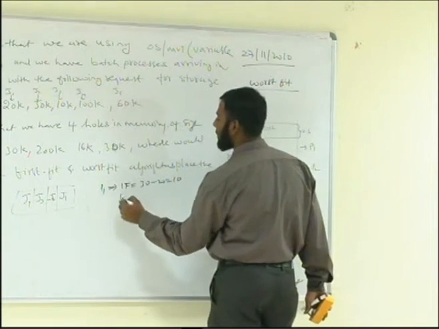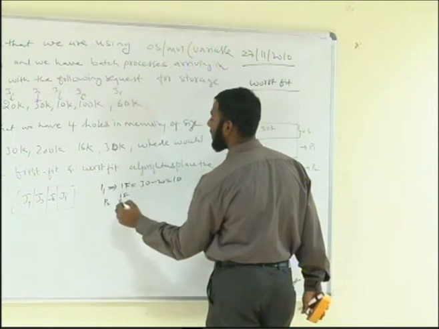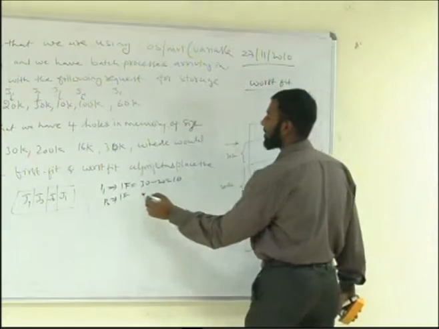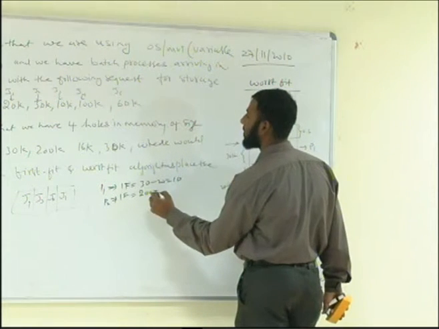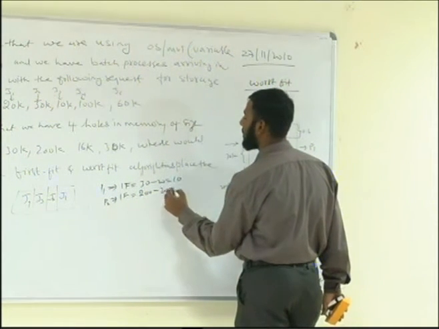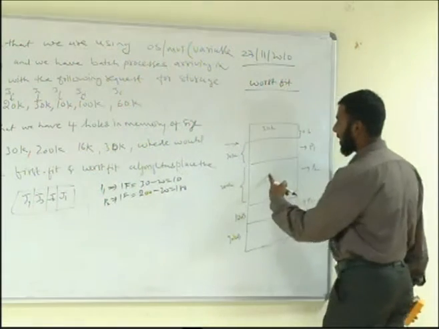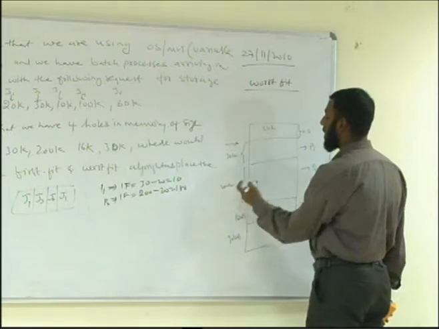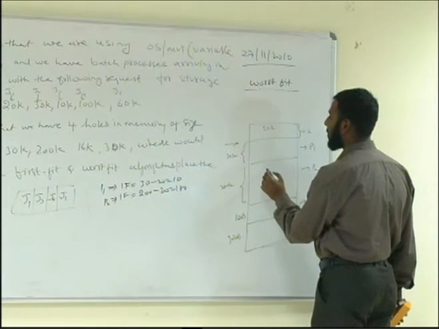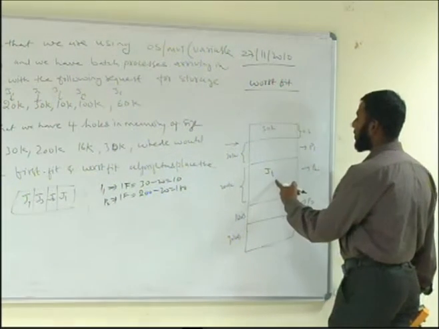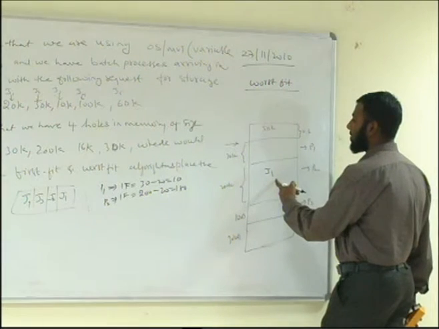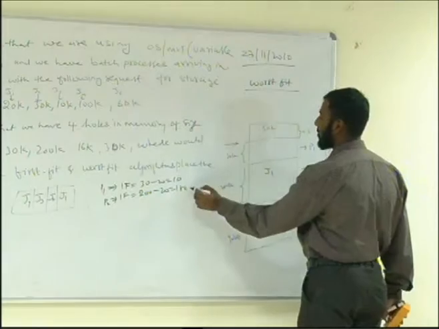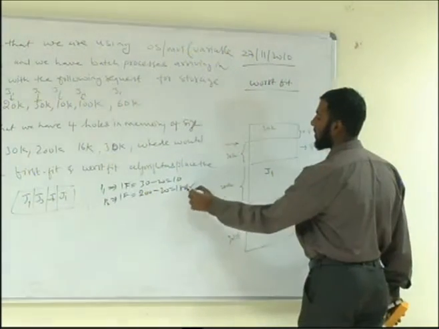For partition P2, it is 200 minus 20, which is 180. All other values will be lesser than this, so partition P2 will be selected for job J1. When job J1 is loaded in partition P2, the internal fragmentation is 180 KB.